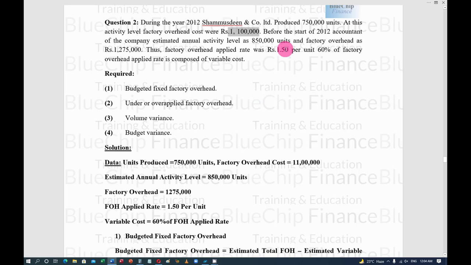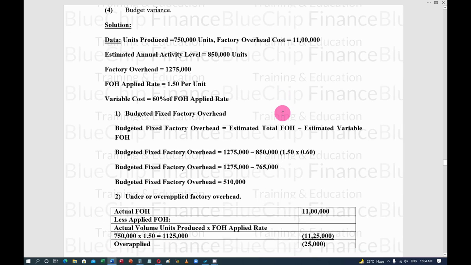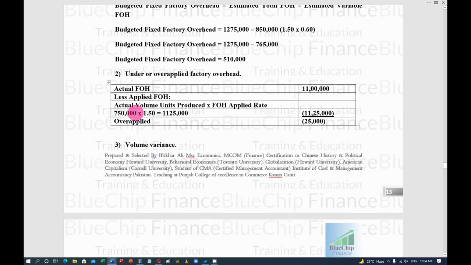The applied rate is 1.50 and the capacity attained is 750,000 units, so 750,000 multiplied by 1.50 is 1,125,000. So actual FOH 11 lakh minus 11 lakh 25,000 gives over applied 25,000.